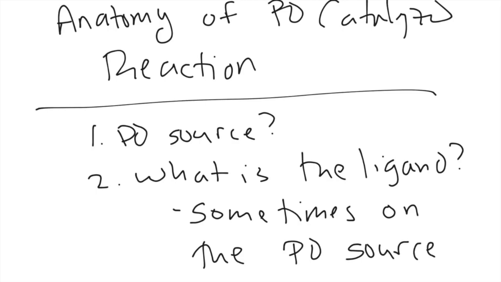Sometimes it just starts out on the palladium source. You can buy palladium that comes liganded, that has ligands already on it. And sometimes you don't have to add an extra ligand because the ligand that's on your palladium is good enough. In my research group, I call Pd(PPh3)4, palladium tetrakis, baby's first palladium catalyst.